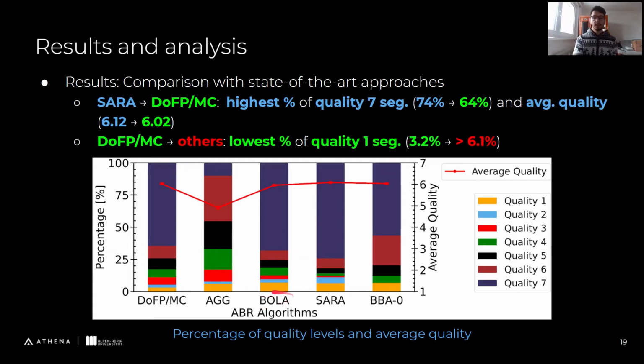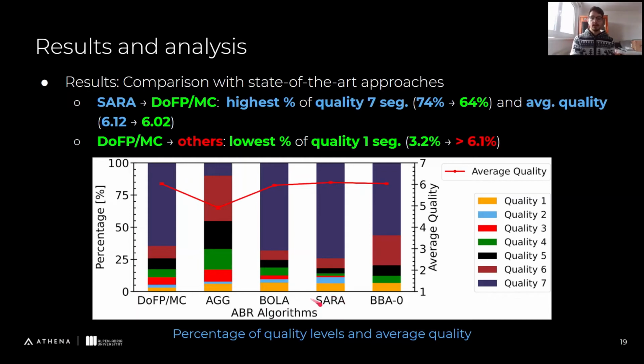The second one is BOLA, which is a buffer-based approach, and it exploits Lyapunov optimization, and it tries to jointly maximize two utility functions.